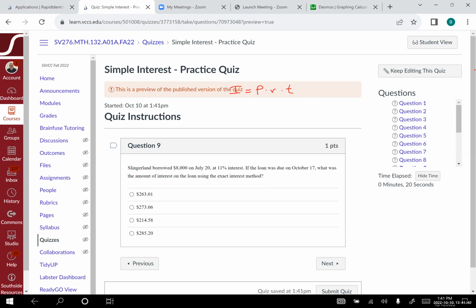Okay. Slingerland borrowed $8,000 on July 20th at 11% interest. If the loan was due on October 17th, what was the amount of interest on the loan using the exact interest method? Does anybody remember from last class what they mean by exact interest method?